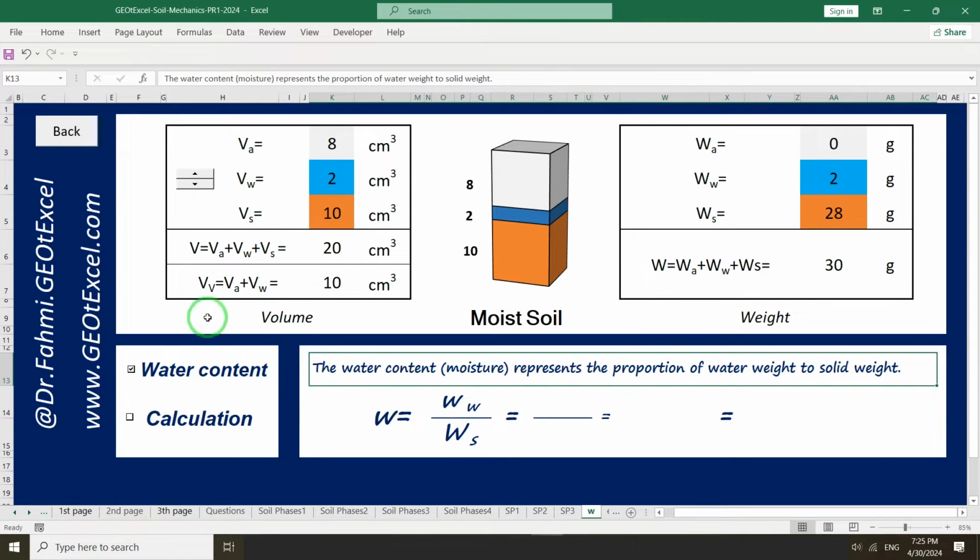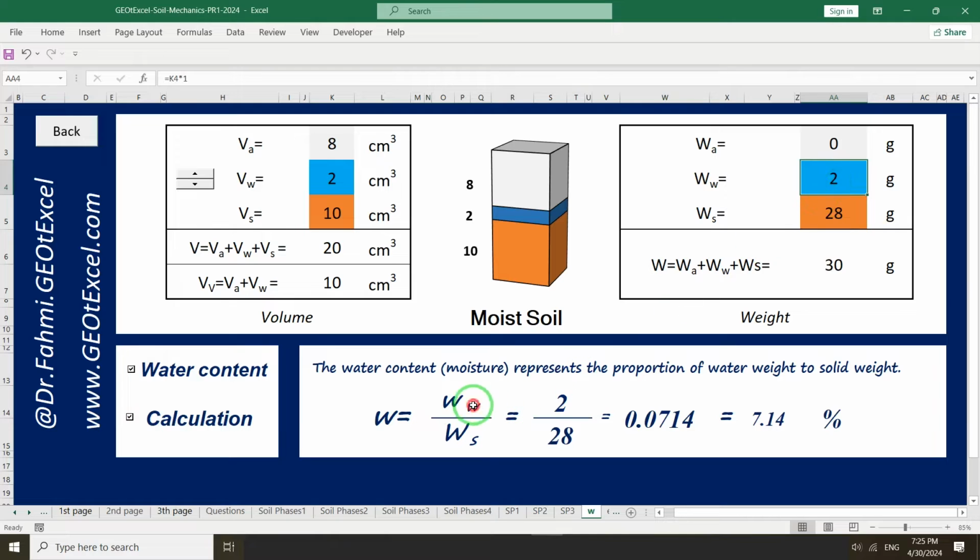In this example, the calculation: W is equal to 7.14%.